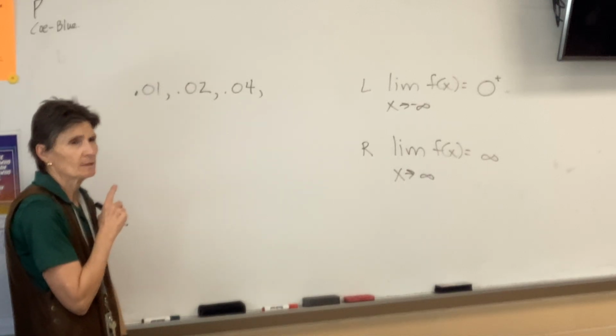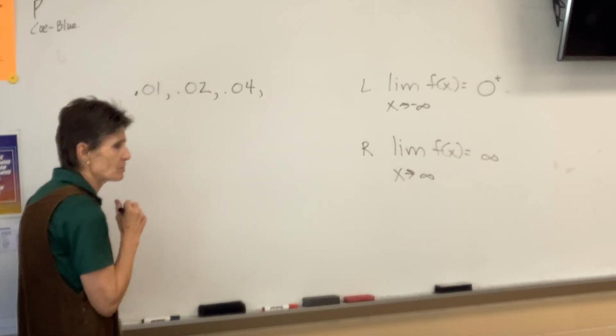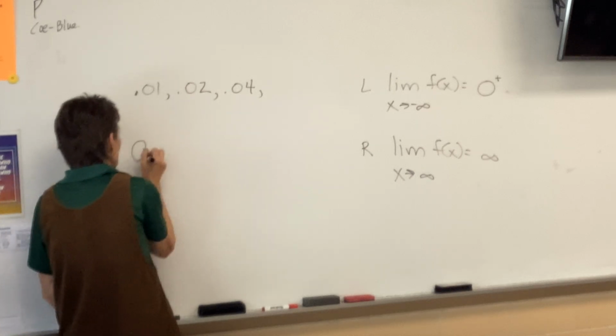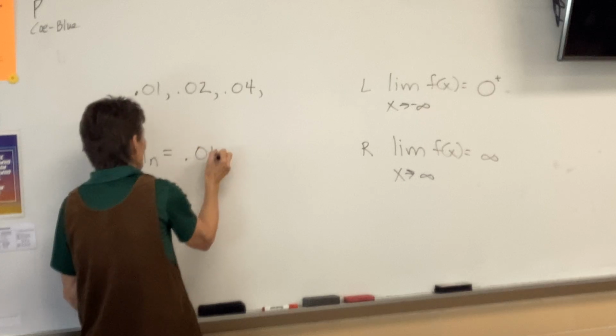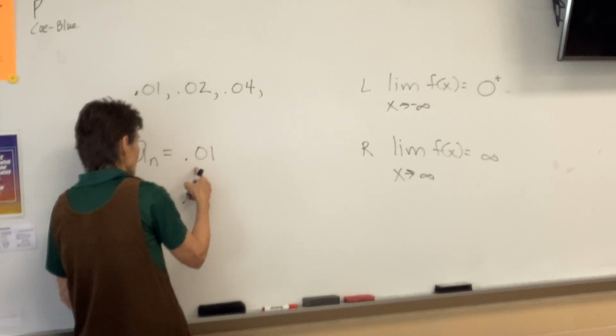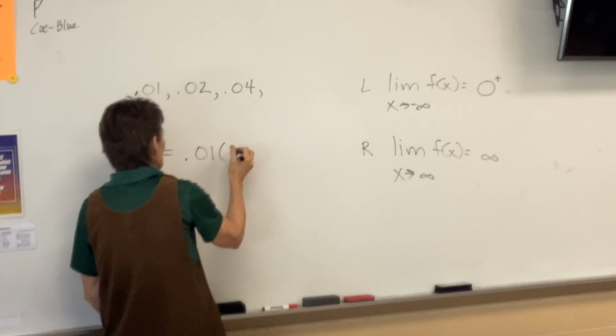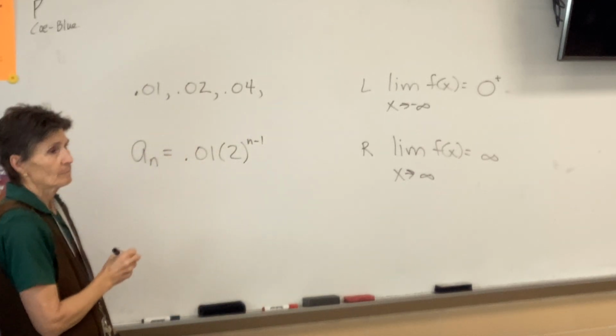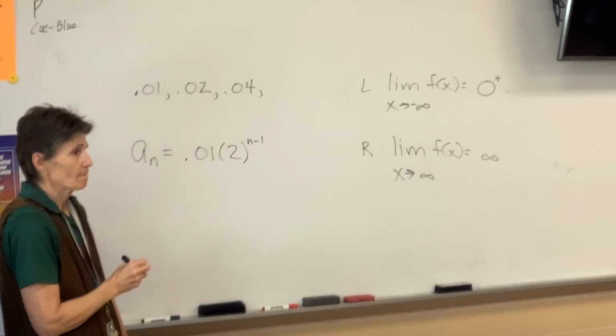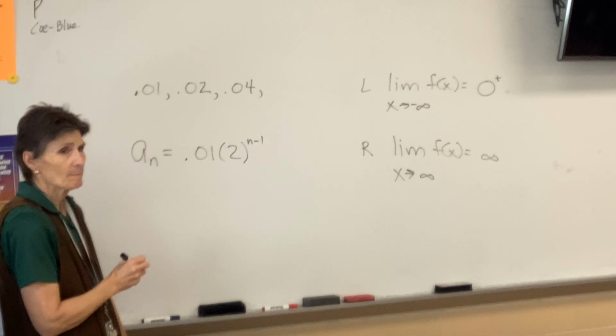Arithmetic or geometric? Geometric. So if I think of it as a sequence, could I take 0.01, that's my first job, times 2 to the n minus first? That be okay with everybody?